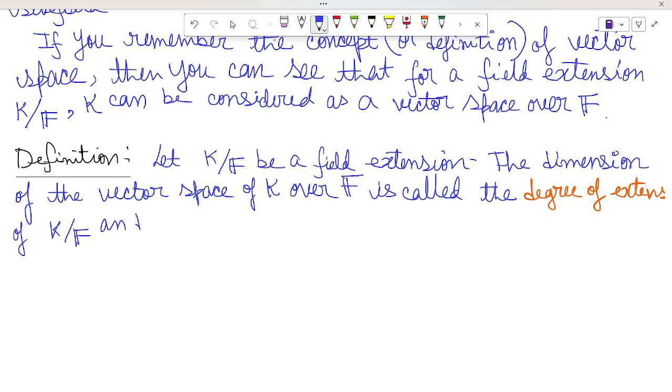And what is it denoted by? It might be finite, it might be infinite.